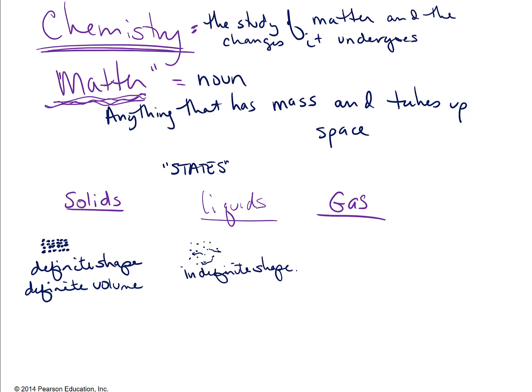Then it's going to spread out. So in this, you have an indefinite shape, but the volume is going to stay the same. So with liquids, they're still going to keep their same volume, but because those particles can flow around each other, they're going to have the ability to change their shape. I always think of them as like they take up more room than what you would see with a solid.